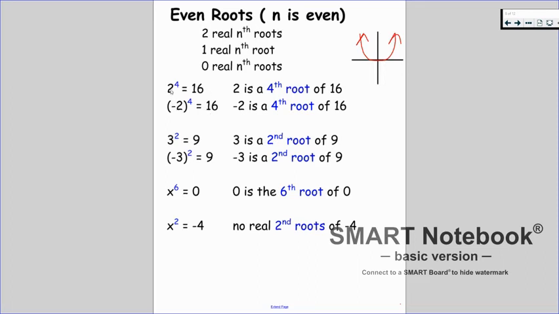There can be two numbers to the fourth power that would equal 16, and two numbers to the second power that would equal 9. There's only one answer to the sixth power that's going to equal 0. And x squared equals -4 never happens in the real numbers when I'm looking at a coordinate grid. So there are no real second roots of -4.